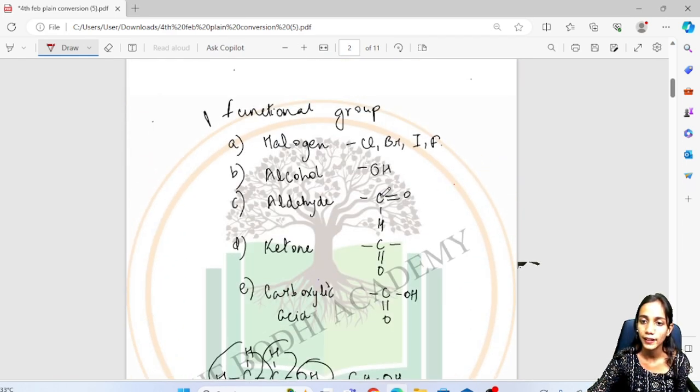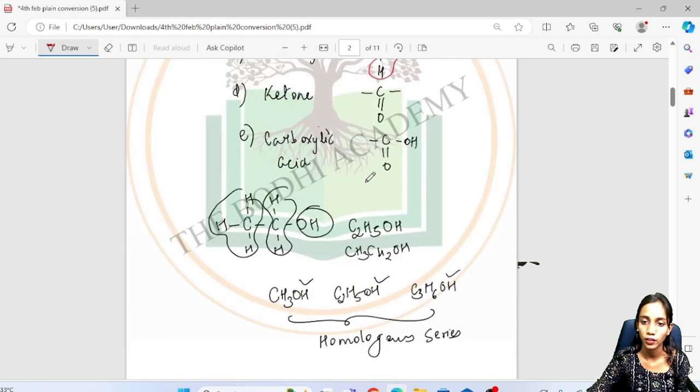Now for this we need to understand that the actual functional group is this. This part is attaching to the carbon already present in the chain.